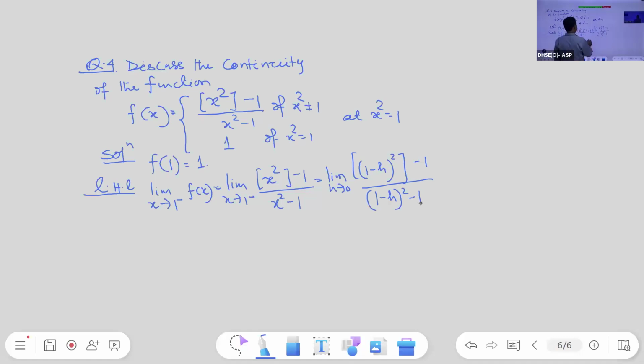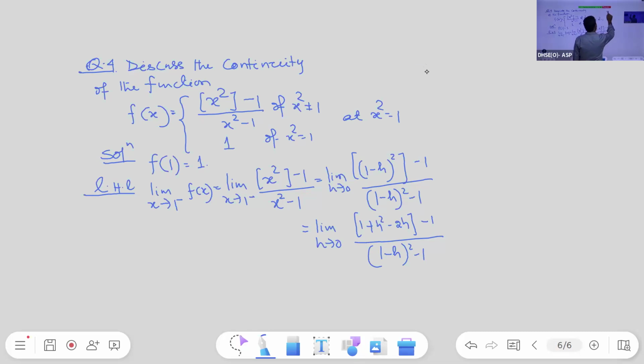This is equal to limit h extending towards 0, bracket 1 plus h square minus 2h bracket minus 1 upon 1 minus h whole square minus 1.